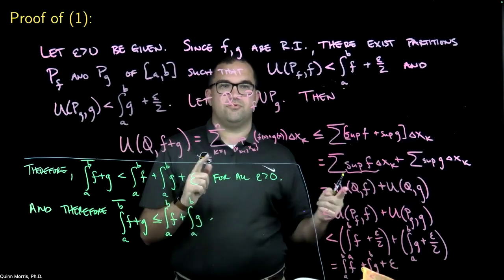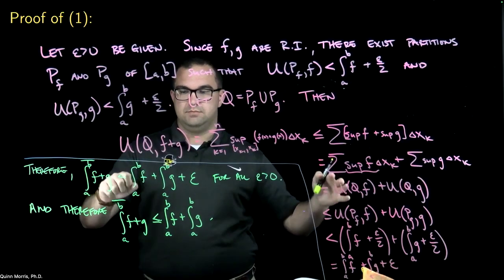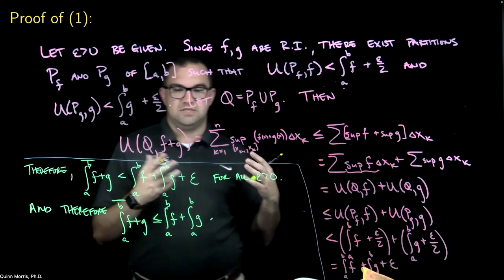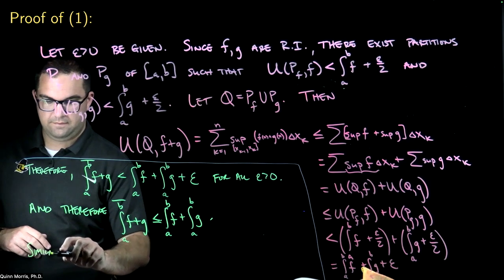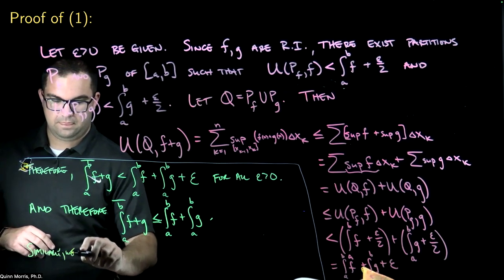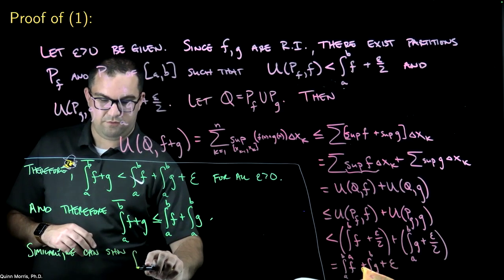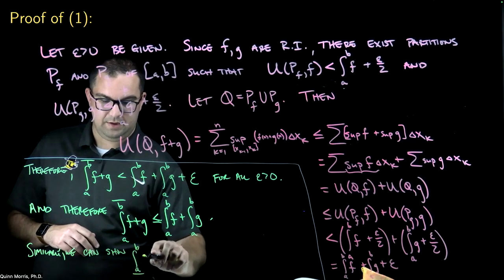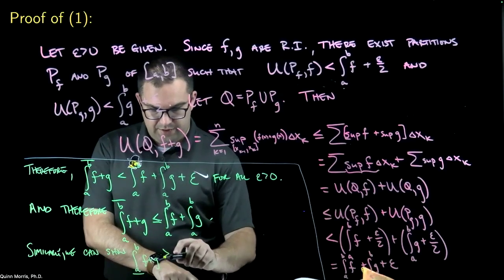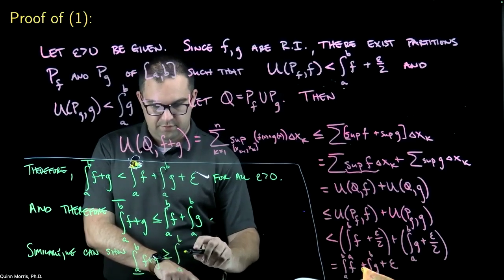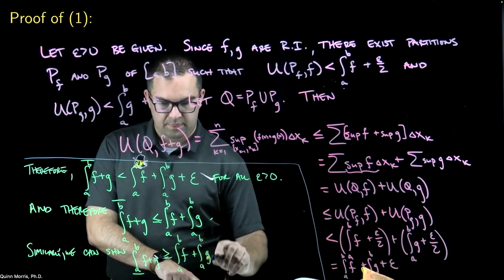Now, you can flip all of this around and do the proof again for lower sums. So do everything for lower sums, okay? If you do lower sums, that's going to give you something about a lower integral, and similarly, we can show that the lower integral from a to b of f plus g is greater than or equal to the integral from a to b of f plus the integral from a to b of g.